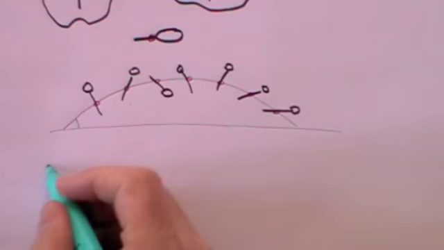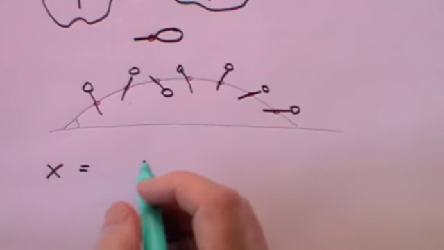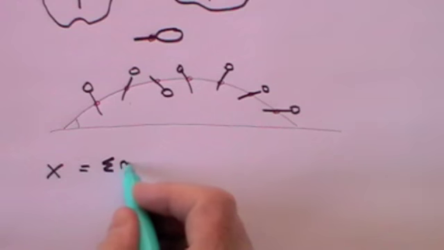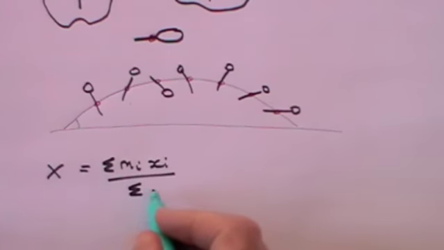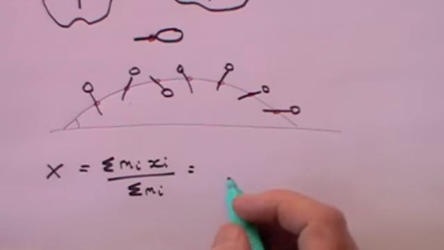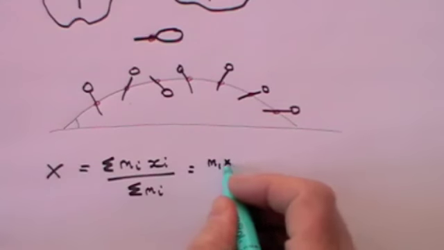Let's just remind ourselves that the distance of the centre of mass from the origin is given by sigma m_i x_i divided by sigma m_i. And that, just to make it absolutely clear, is m1 times x1.